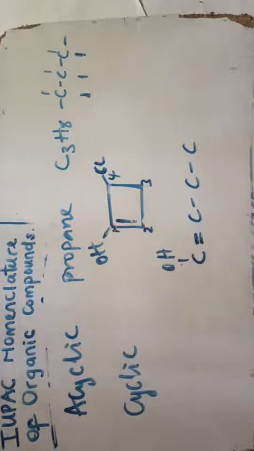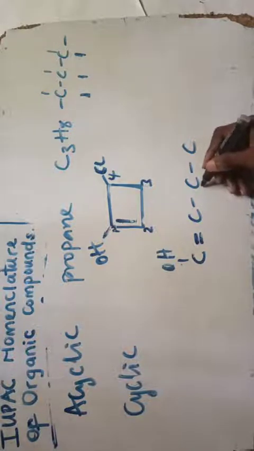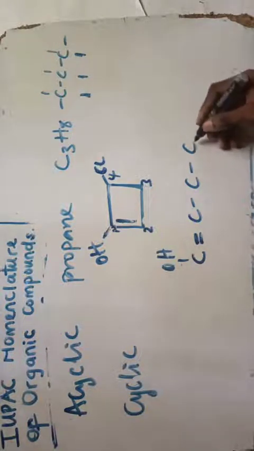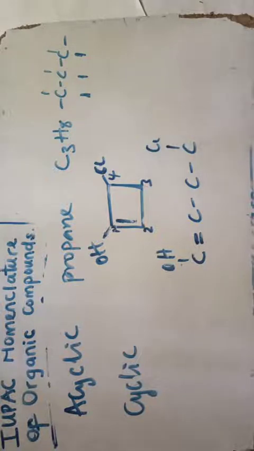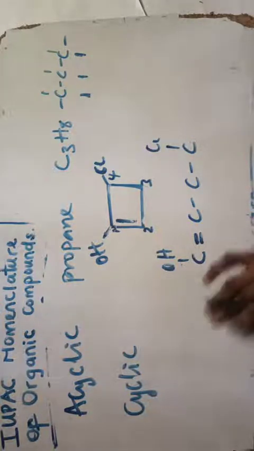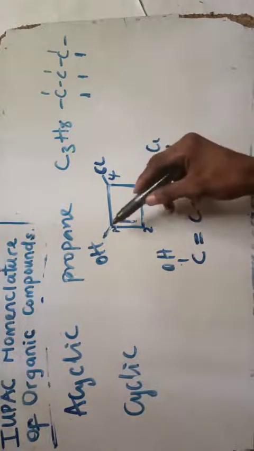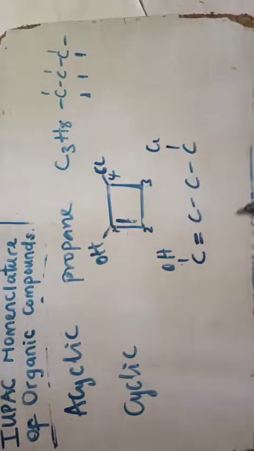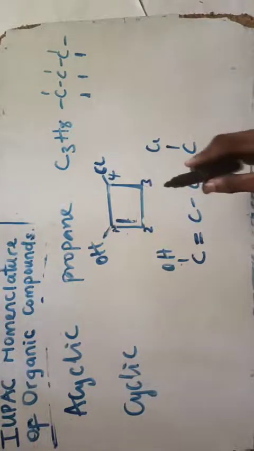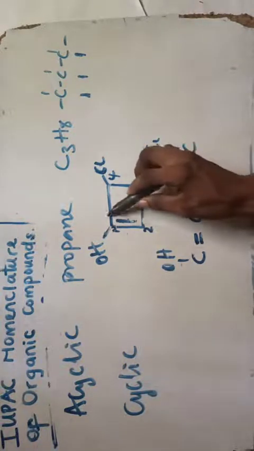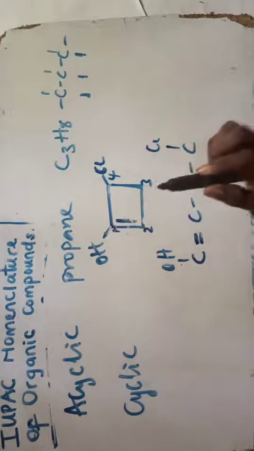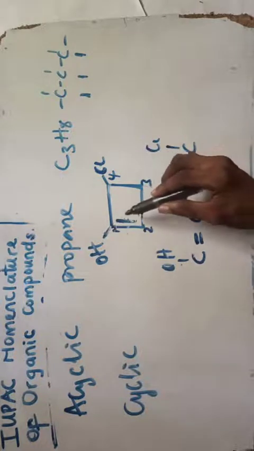You see, number 2, number 3, number 4, I have my chloro. This is it. Now this is cyclic, this is acyclic. Okay, so you can know your number of hydrogens present. This is 1, 2, 3, 4. Okay, so you can see from here you have 1, 2, 3, 4, but here you have 1, 2, 3.